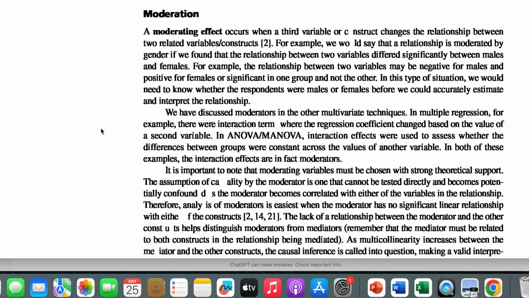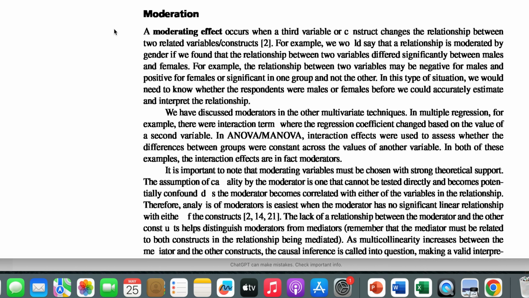Moderation. Let's talk about moderation. A moderation effect occurs when a third variable or construct changes the relationship between two related variables or constructs. For example, we would say that a relationship is moderated by gender if we found that the relationship between the two variables differs significantly between males and females.